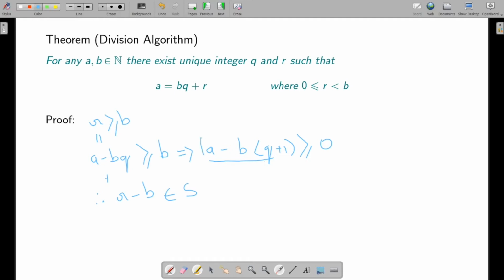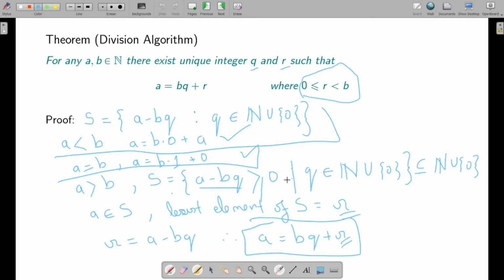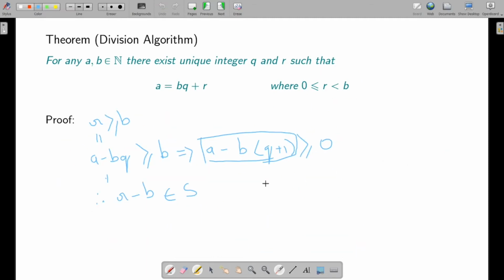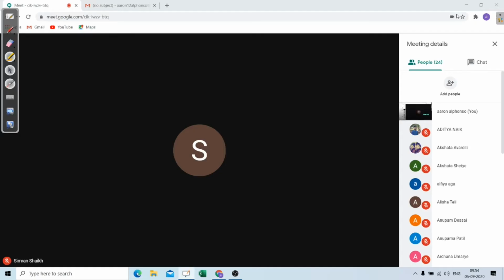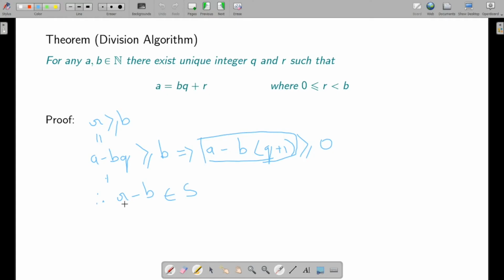See, this expression here is of the same form, the a minus bq form. Can someone tell me what is the contradiction, why r minus b cannot be in S? Why is this a contradiction?